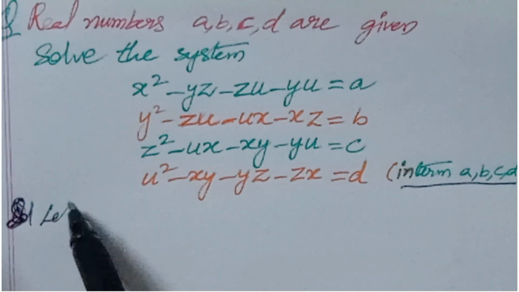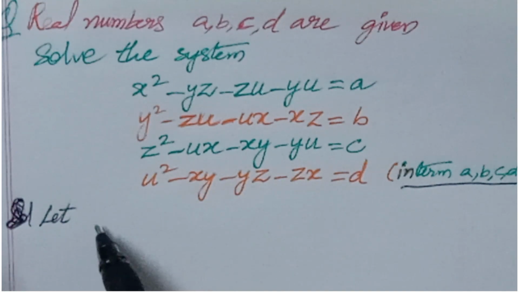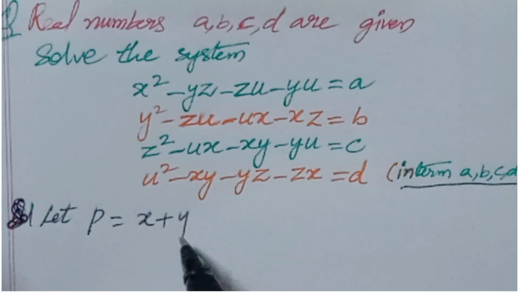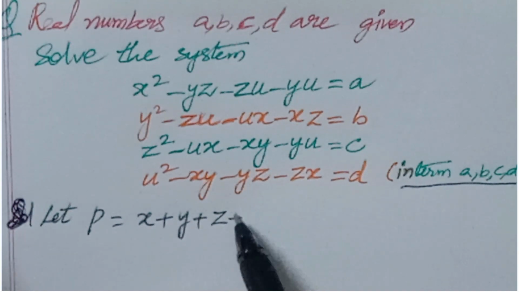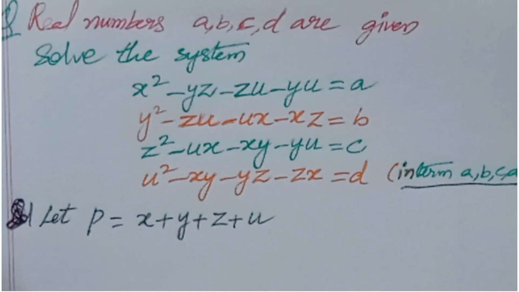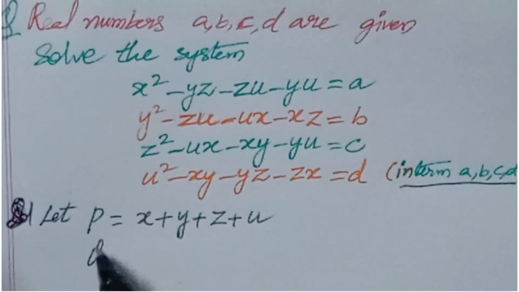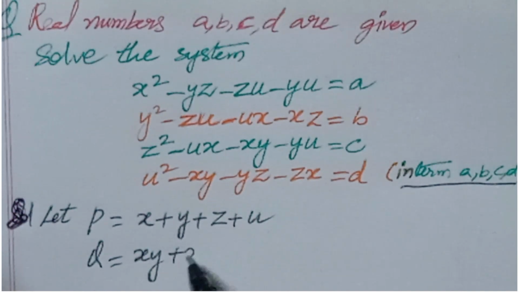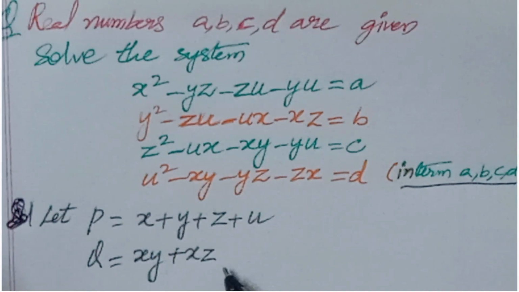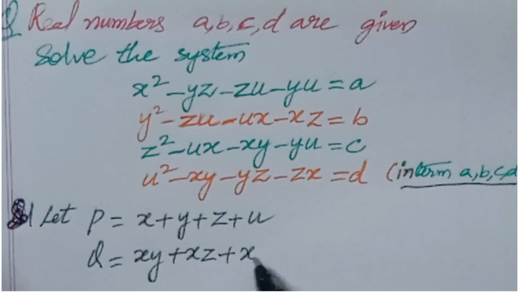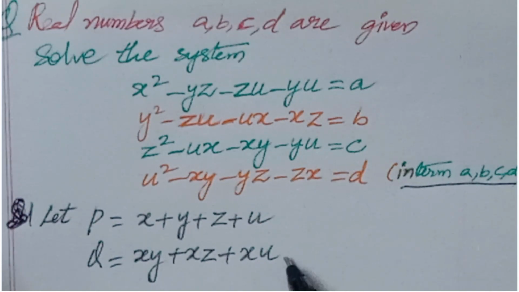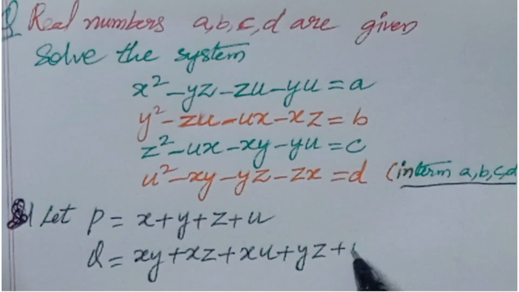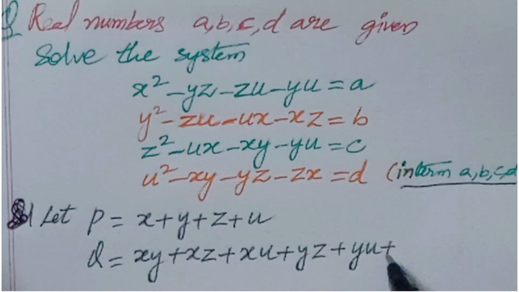First of all, let p equal x plus y plus z plus u, and q equal xy plus xz plus xu plus yz plus yu plus zu.